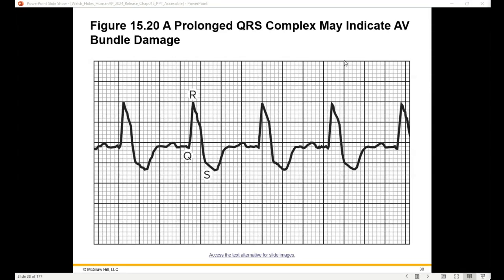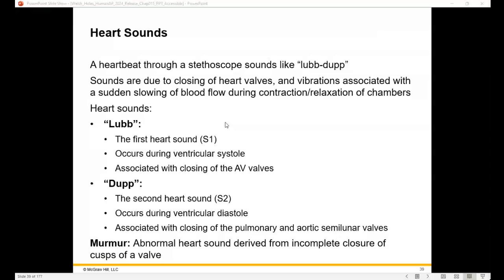This shows a prolonged QRS complex, which could indicate AV bundle damage. So by looking at this particular graphic, we can tell a lot of things about what's going on with the heart.